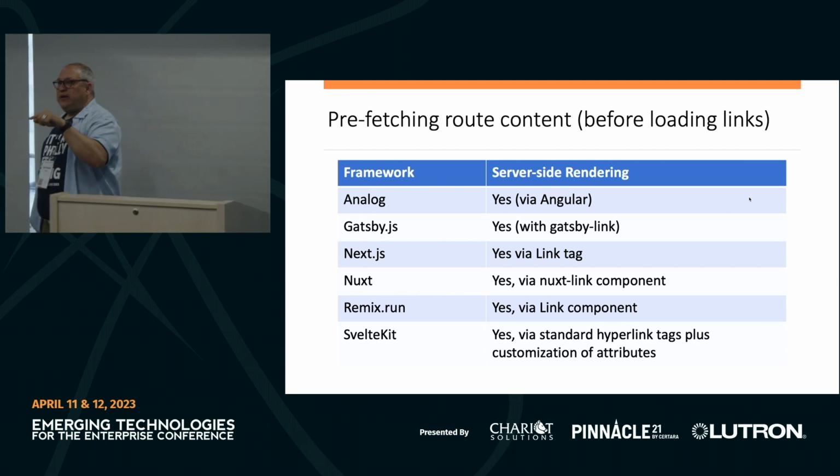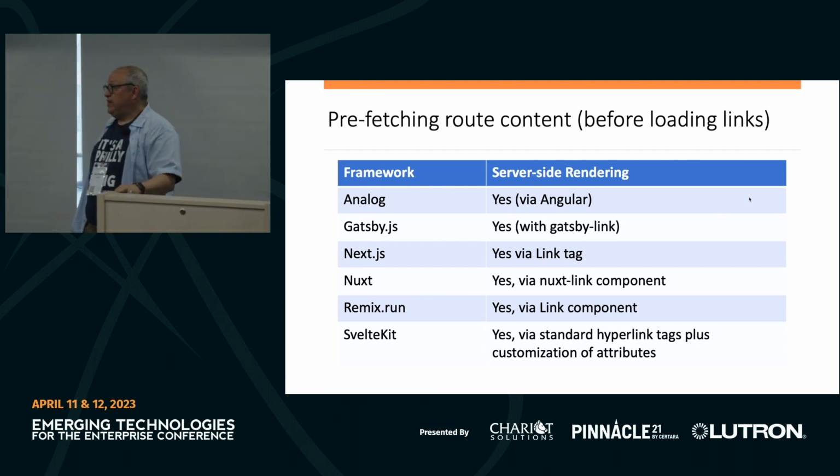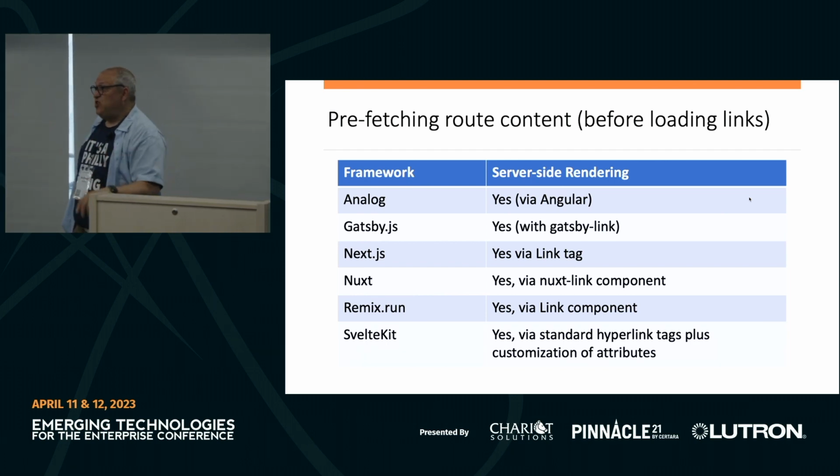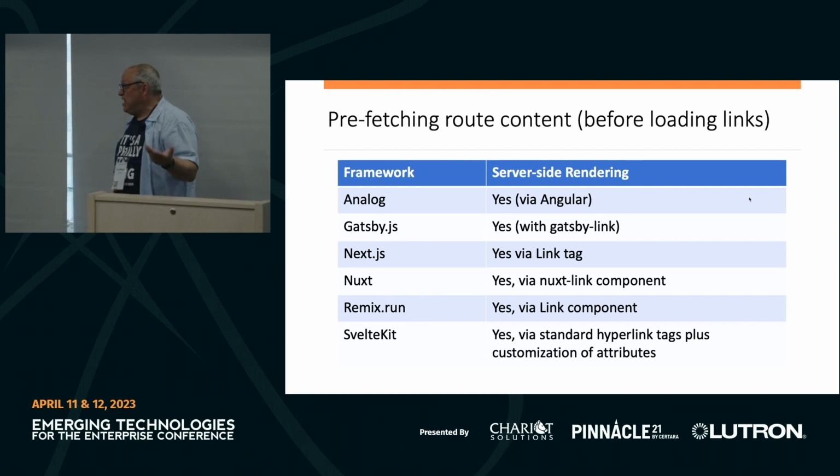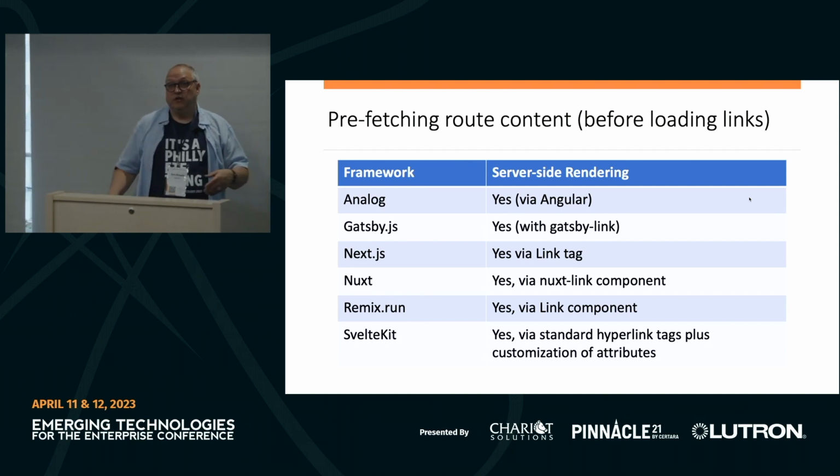So when I go to a link, I can say, go ahead and prefetch this thing. Maybe prefetch it immediately when I load the page. If it's static content, then I don't have to worry about running queries and hitting the database. Maybe that makes sense. If I start hovering over it, start to prefetch. Or don't prefetch at all. So those are the three options, for example, in Next.js.